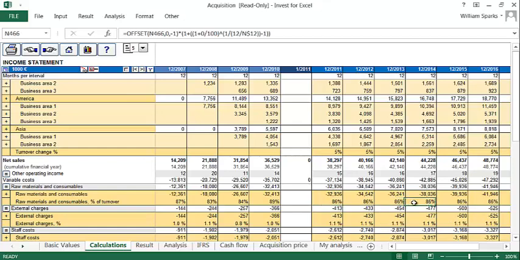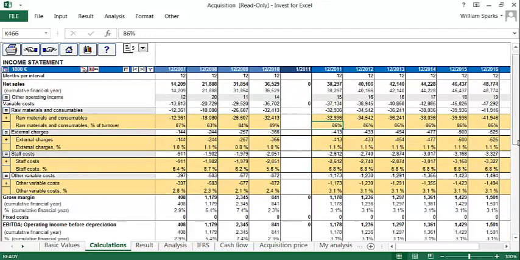So this 86% represents some sort of average, most likely. It's entered, and the other one is calculated as a percentage of sales. The same goes for the other cost items. We assume that the cost ratio is the same, or if not, we choose another percentage.